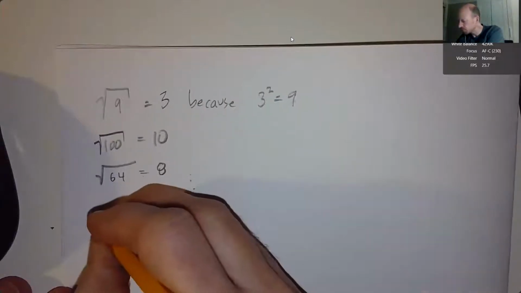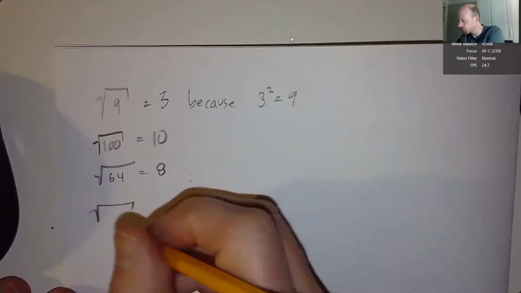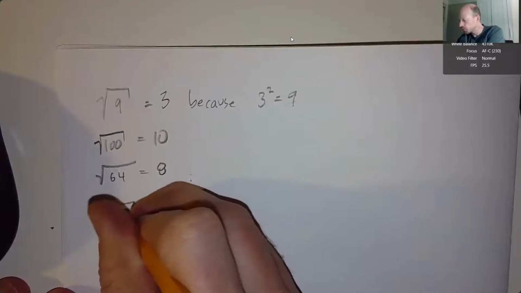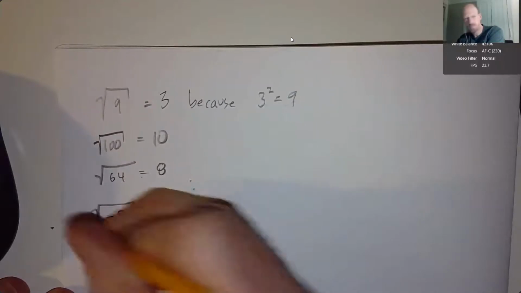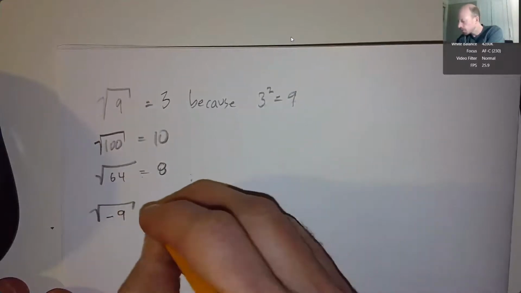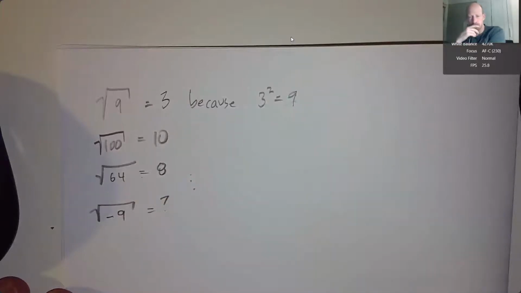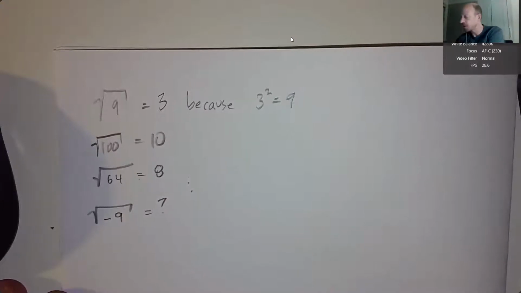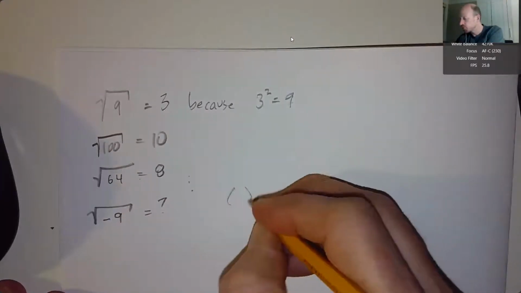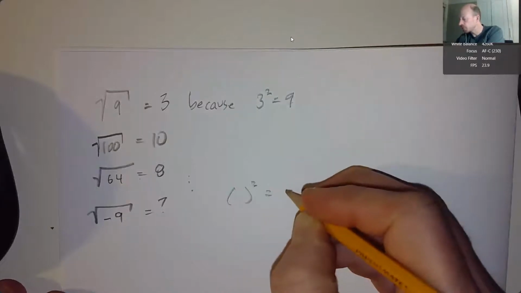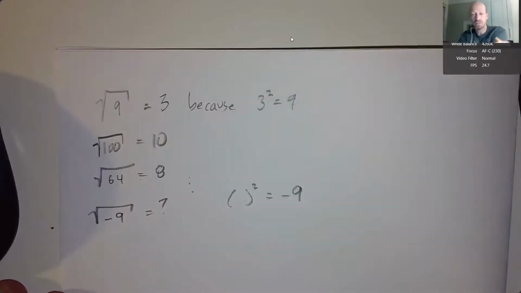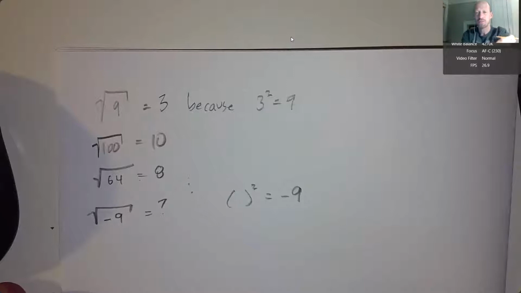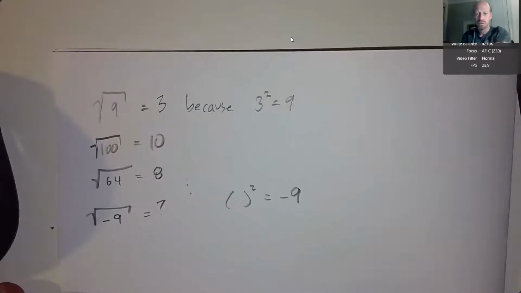But then we start thinking about some other numbers. And what about the square root of -9? Well, I don't know in the beginning what that would be, because any number that we're used to, when we square it, isn't going to give us a -9. Real numbers, when we square them, give us positive values.